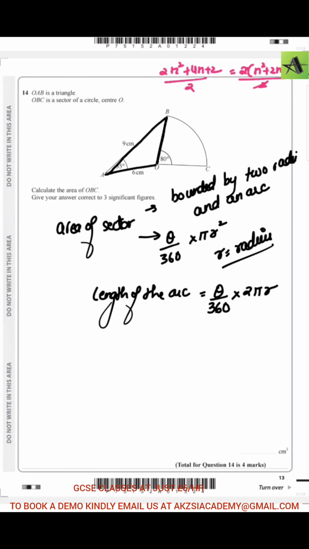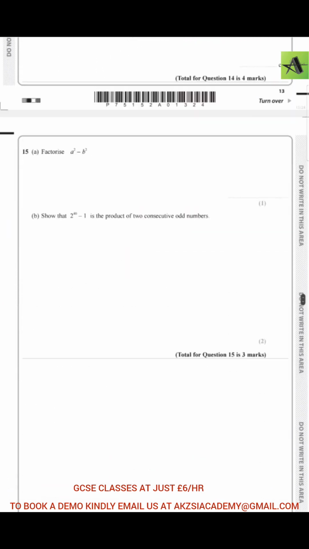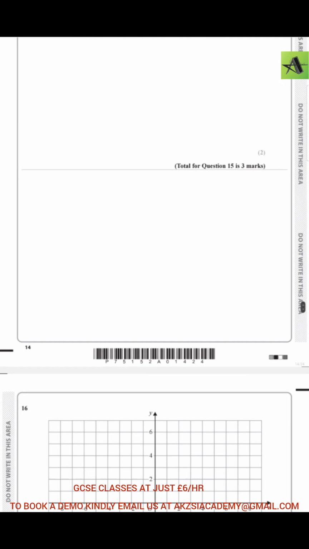Well, I have already discussed this, but I'm discussing it once again. So, sine rule and cosine rule are the rules that are used when the triangle is not a right angle triangle. So, I'm explaining it here. This is your triangle.